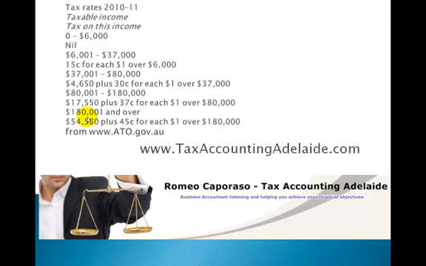For instance, if you worked out you were on a taxable income of say $30,000, between $6,000 and $37,000 you pay 15 cents, or 15%, for each dollar above that $6,000. So that gives you a little idea of how to work out your current tax bracket.